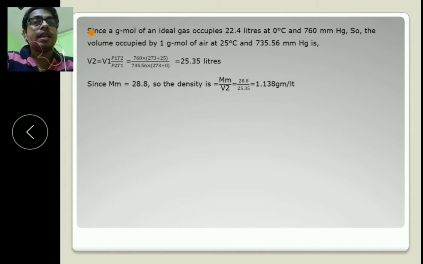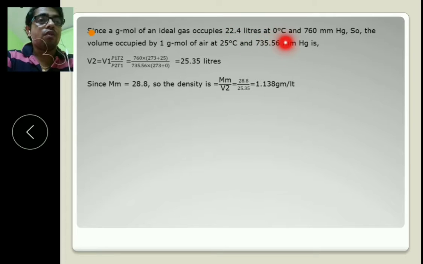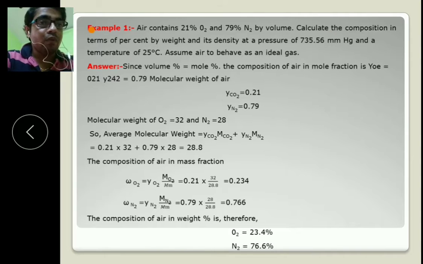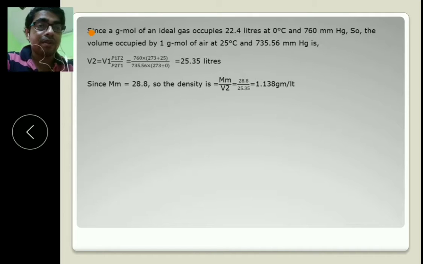Since a gram mole of an ideal gas occupies 22.4 liter at 0 degree centigrade and 760 mm, we know. What is given is the pressure 735.56 millimeter mercury and temperature 25 degrees centigrade.